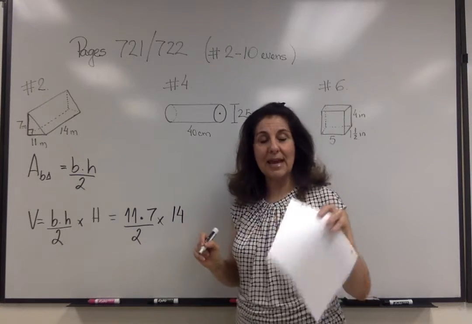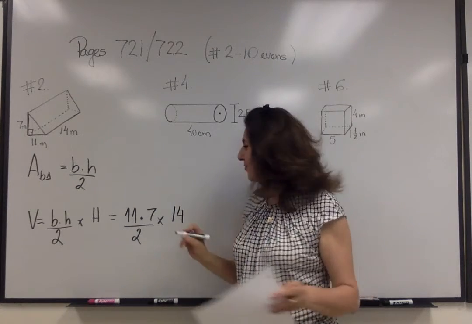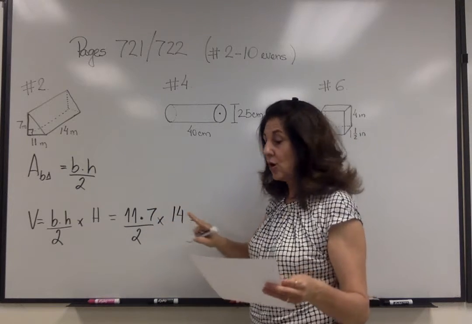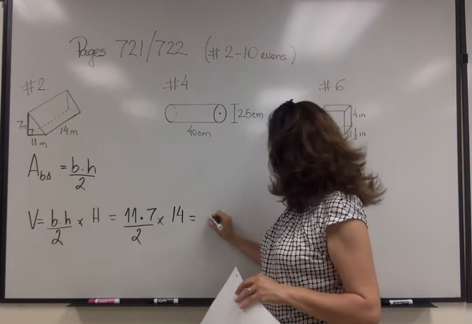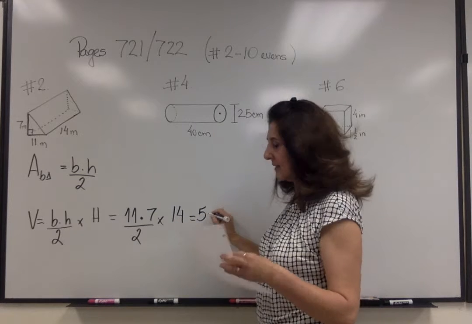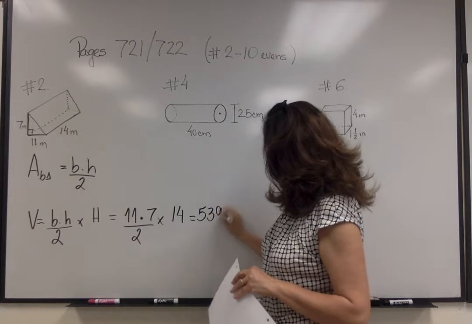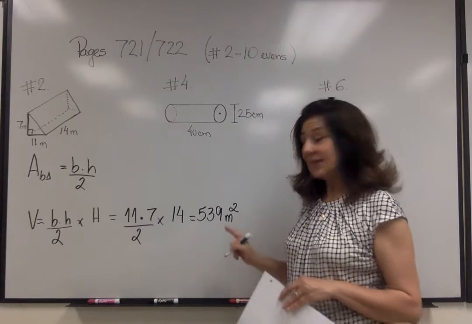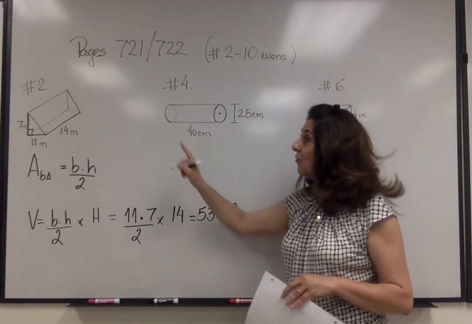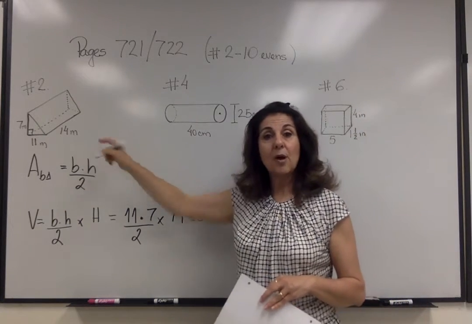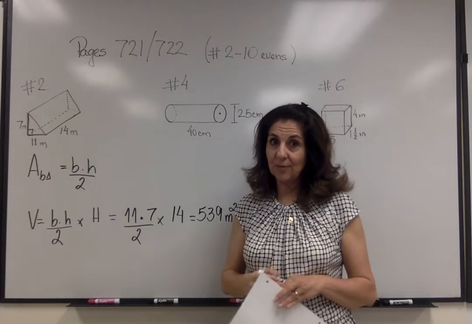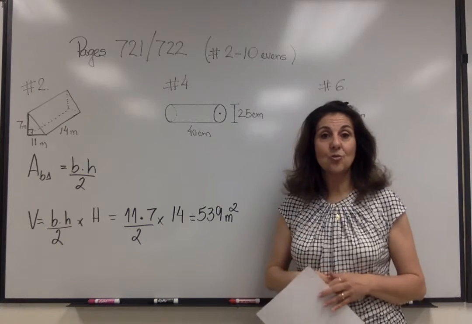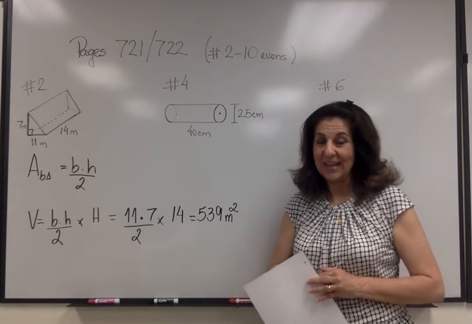Once we multiply everything, I've done it already over here. So 11 times 7 divided by 2 multiplied by 14 is 539 meters squared. So this here is the answer for our first problem, problem number 2. 539 square meters. All right?